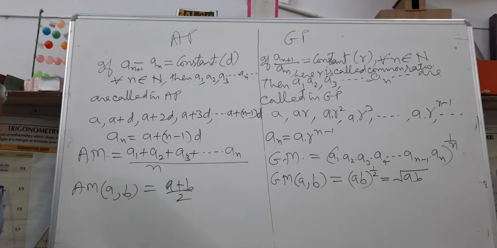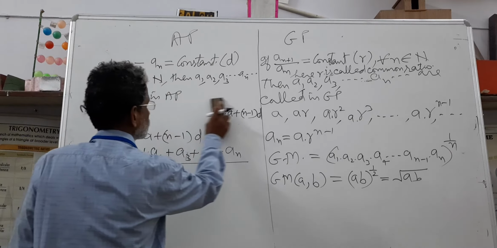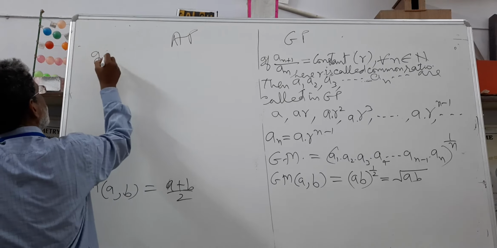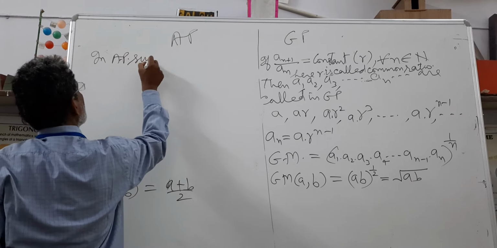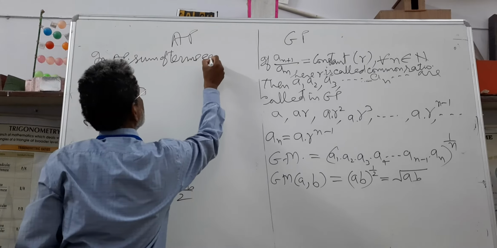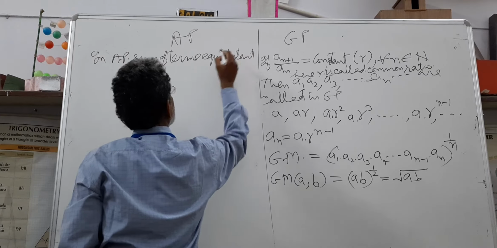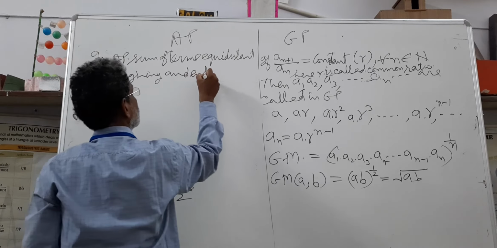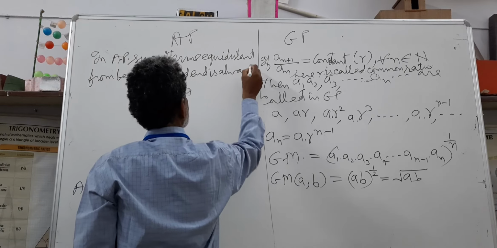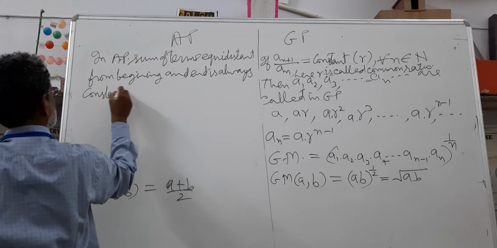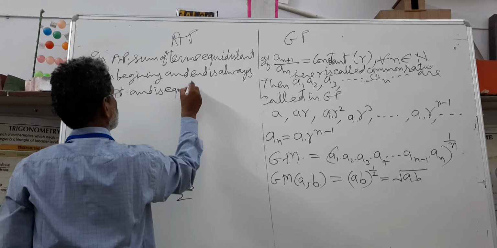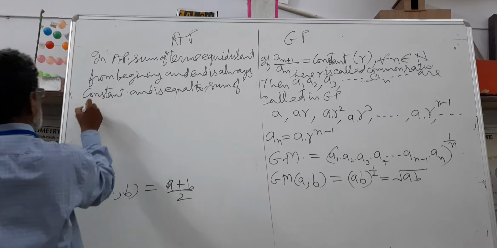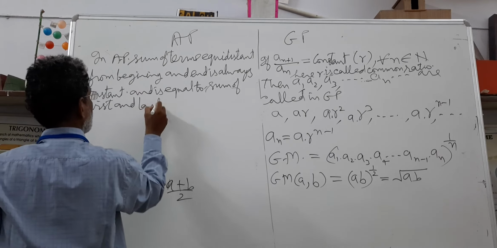Now take another concept. In an AP, the sum of terms equidistant from beginning and end is always constant and is equal to the sum of first and last term.